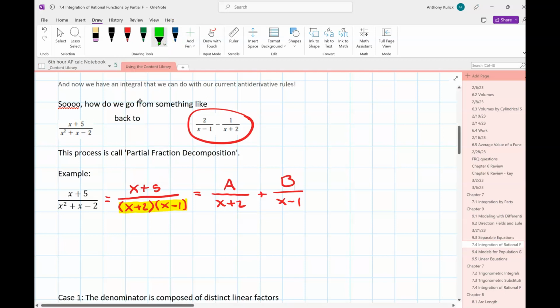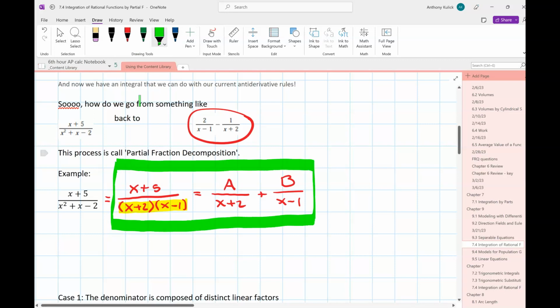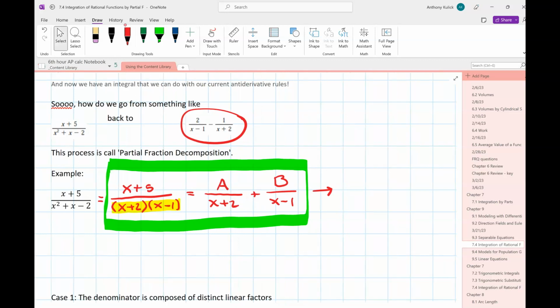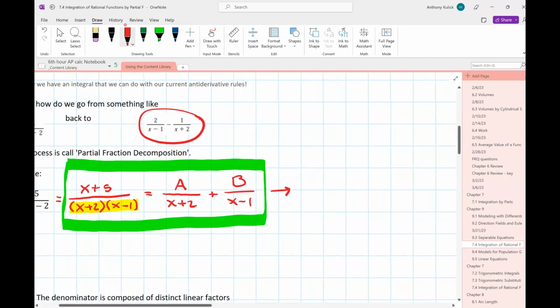I'm going to now treat this like an equation. So I'm going to multiply both sides by (x + 2)(x − 1), which will clear the fractions out of there.